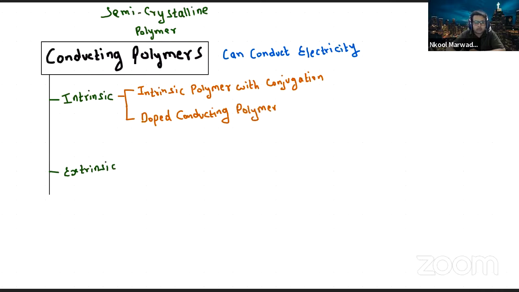And we have extrinsic. Then we have conducting elements, and we have the blended conducting part.